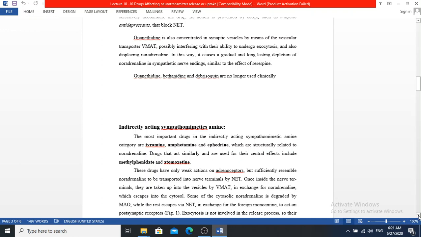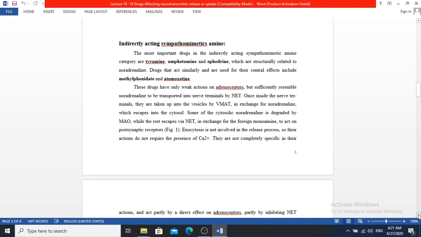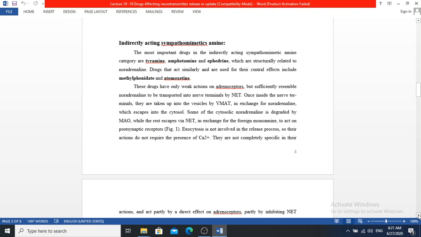Now let's come to the indirectly acting sympathomimetic amines. The most important drugs in this category are tyramine, amphetamine, and ephedrine, which were discussed previously also. Let us repeat a little to understand very well.